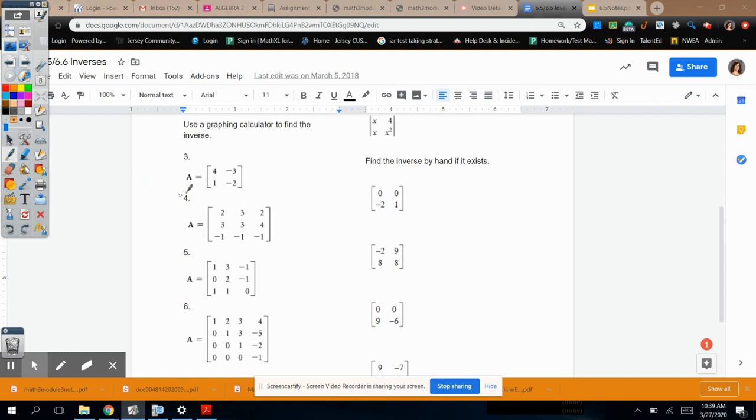But all you'll do is you'll store this in your calculator as matrix A, and then just do A negative 1. So let's do number 4 here. So it's a 3 by 3.